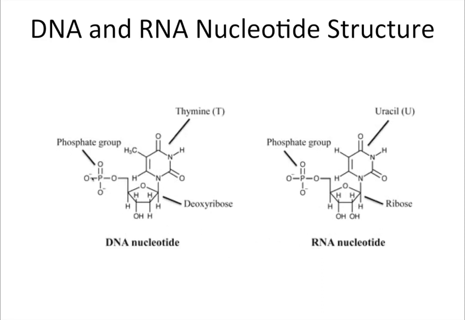You should be able to draw the phosphate group on that, and then the base that goes along with that. And again, we're showing thymine and uracil as the bases, but you should be able to draw any of the DNA nucleotides. So you should be able to draw thymine here, adenine, guanine, or cytosine. And then in the case of RNA, you should be able to draw uracil, adenine, guanine, and cytosine.